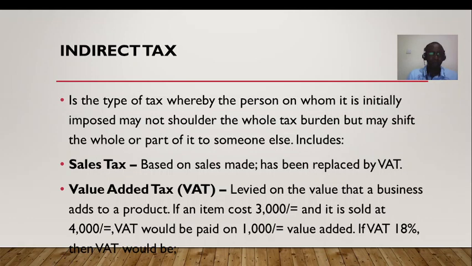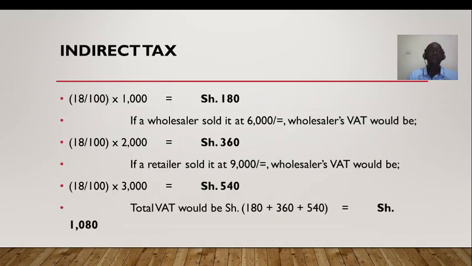For example, if an item costs 3,000 shillings and it is sold at 4,000 shillings, VAT would be paid on the 1,000 profit. That is the value added. So if VAT is 18%, then VAT would be 18% of 1,000 gained, and that is 180 shillings.